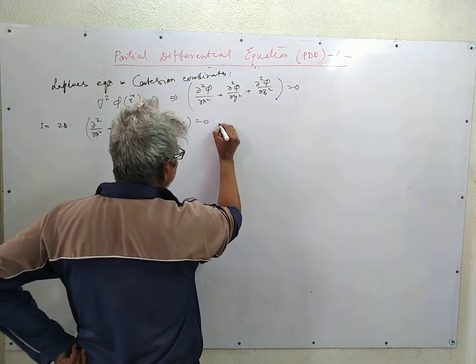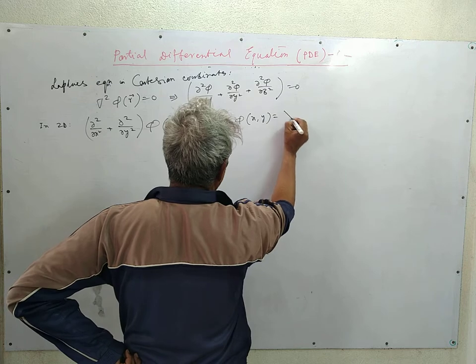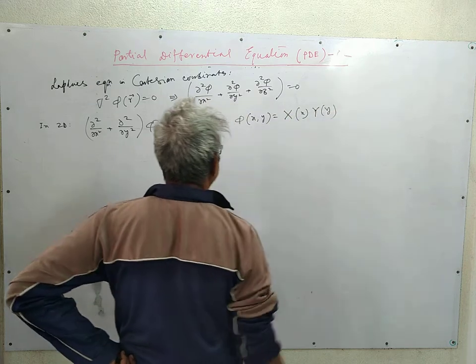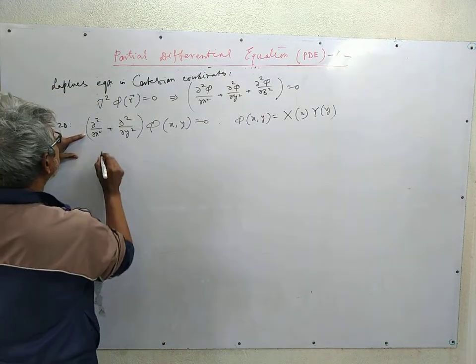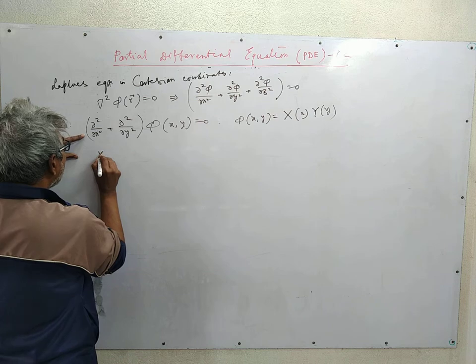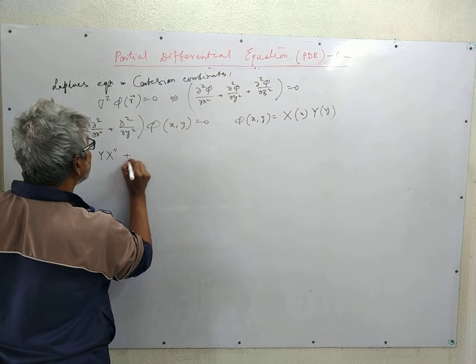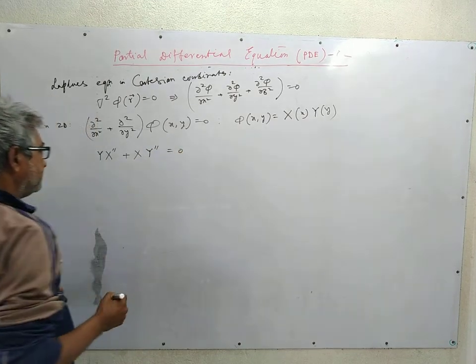As per the separation of variables technique, we use phi of x, y equal to capital X of x times capital Y of y. We plug this into this equation. The first term gives Y times X double prime. The second part gives X times Y double prime, equal to 0.